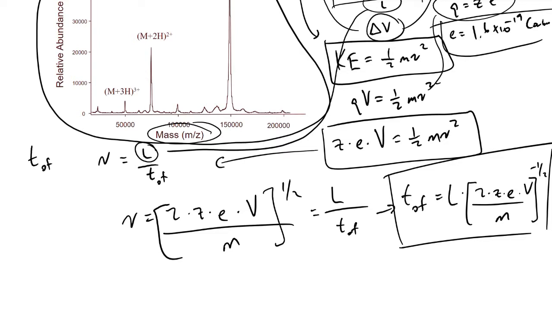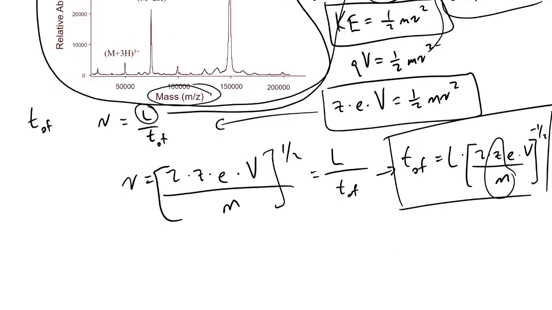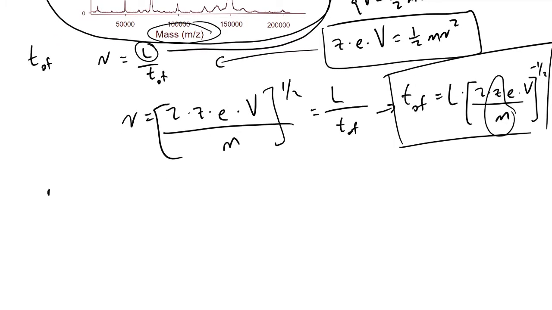We'll realize we have the inverse of mass per charge right here in our equation. Performing a little bit more algebra, we can very easily find that the mass per charge will be the following.